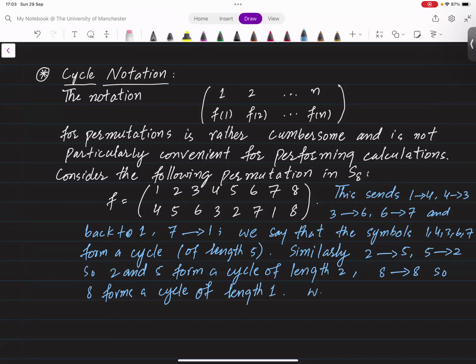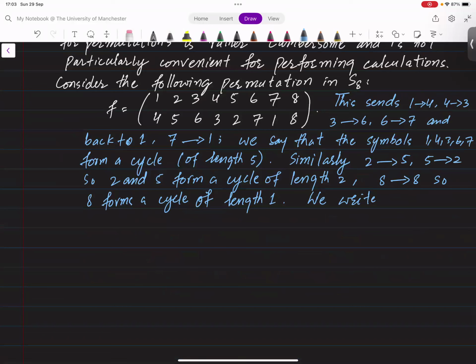We then write that F is nothing but the cycles (1, 4, 3, 6, 7)(2, 5)(8).